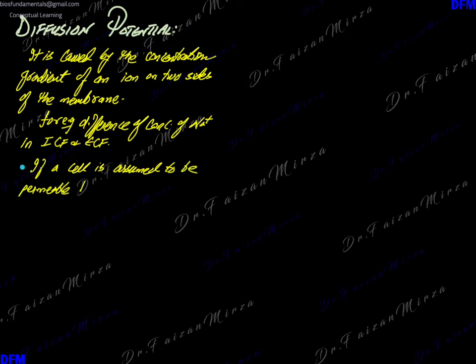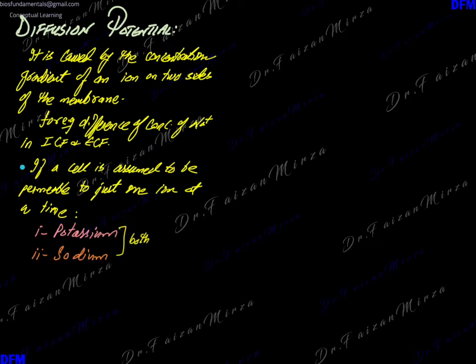If a cell is assumed to be permeable to just one ion at one time, which obviously it's not, but for simplicity's sake let's take an example that right now the cell is permeable for one particular ion, and we take the example of potassium ion or sodium ion, either one of them.